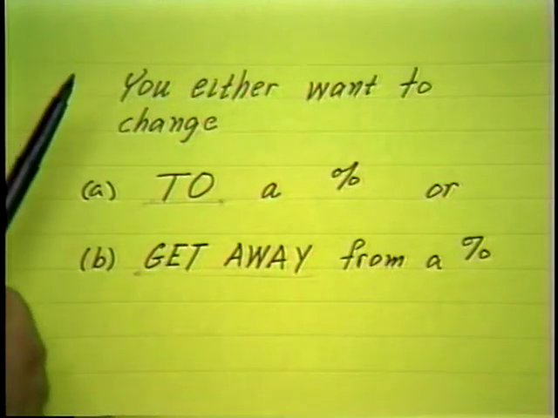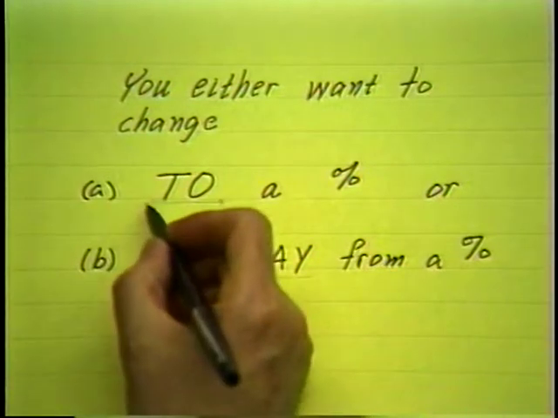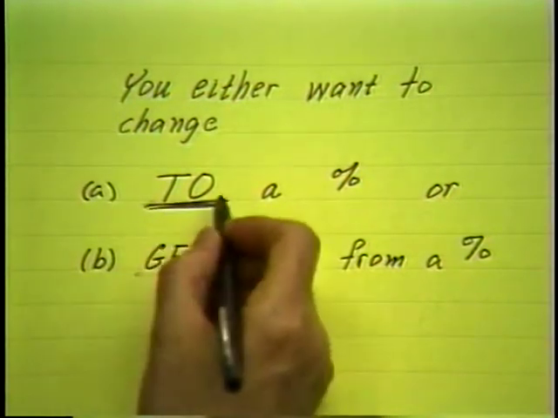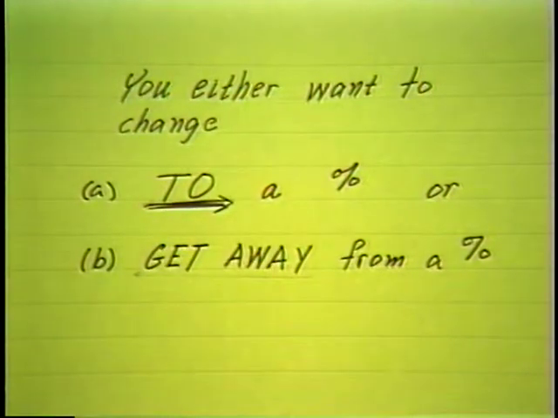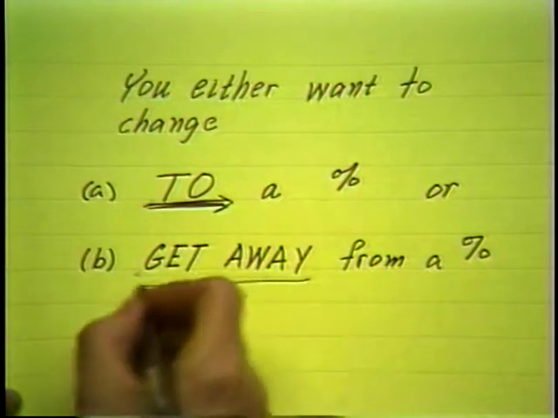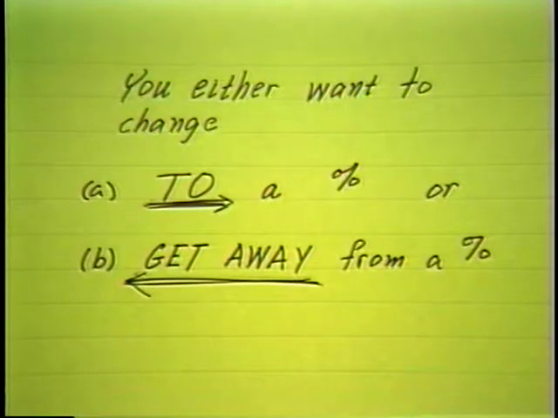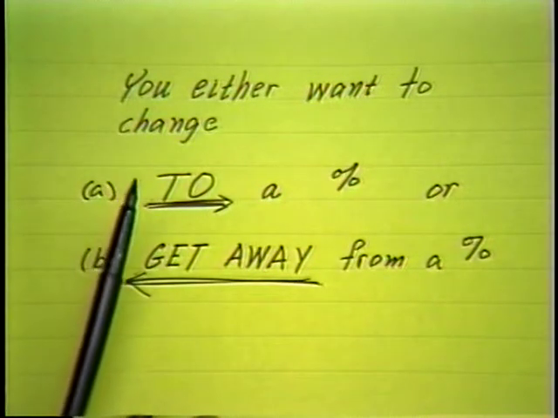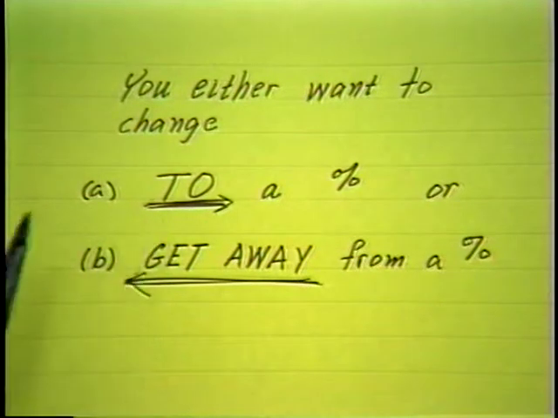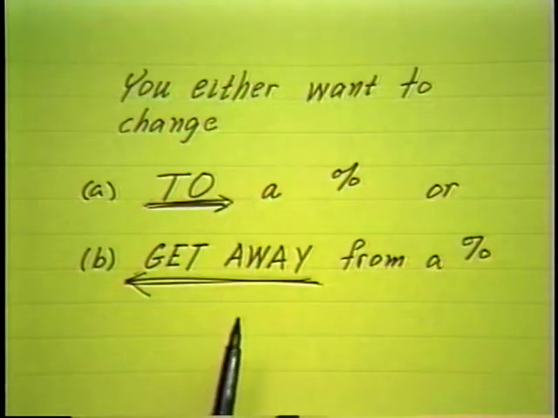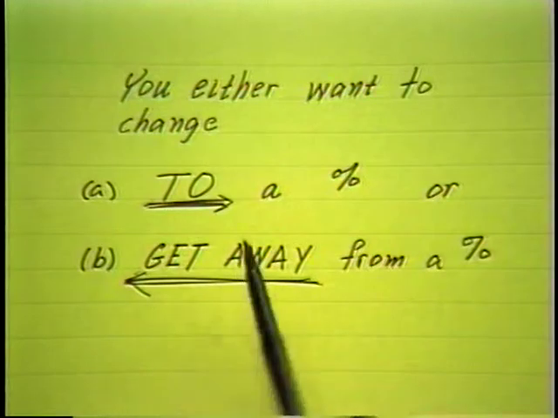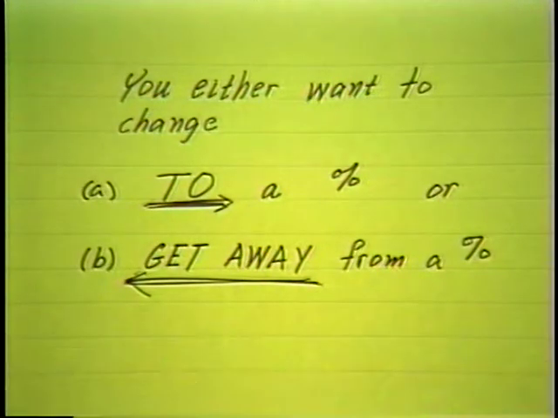Realize that you either want to change to a percent, or you're trying to get away from a percent, in the case of going to a pure decimal. So always ask yourself, do I want to change this representation to a percent, or do I want to change this to a representation which gets away from the use of a percent?